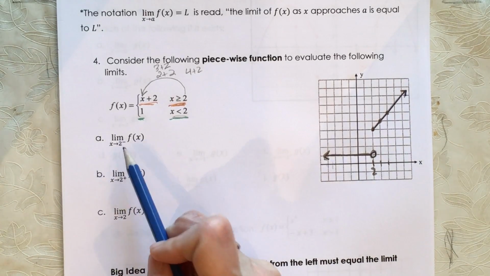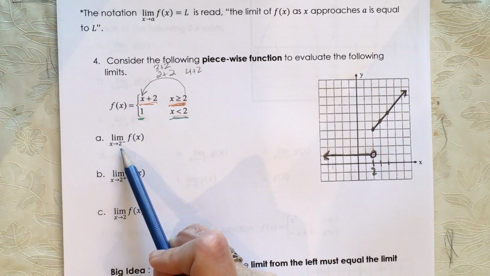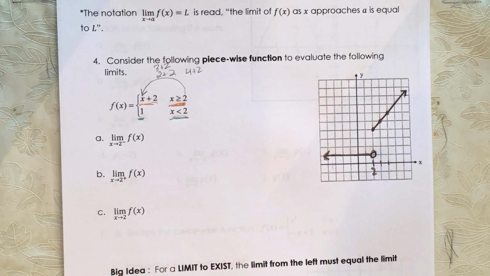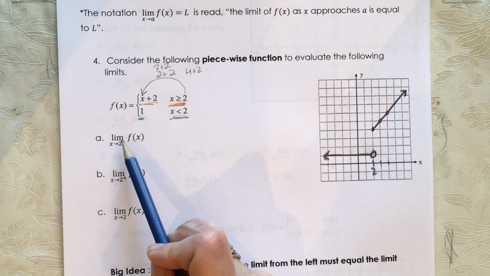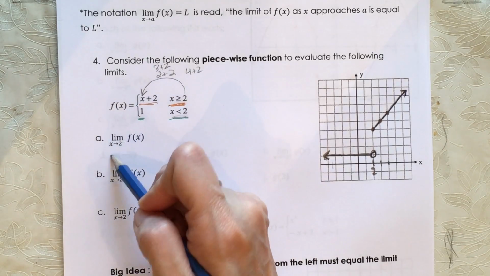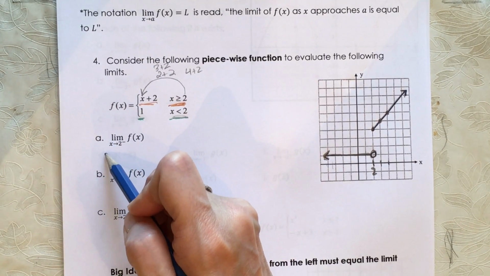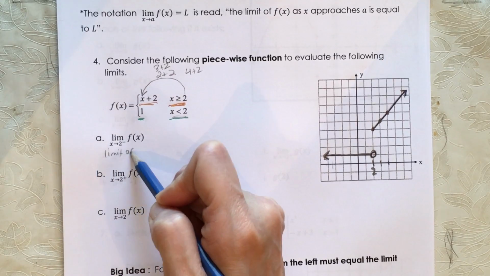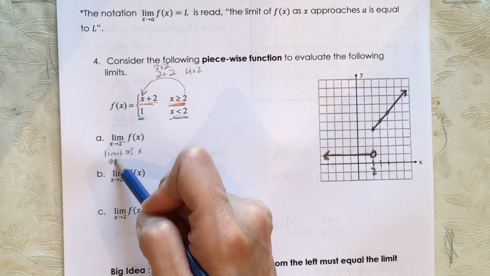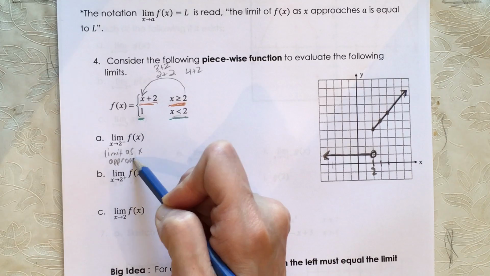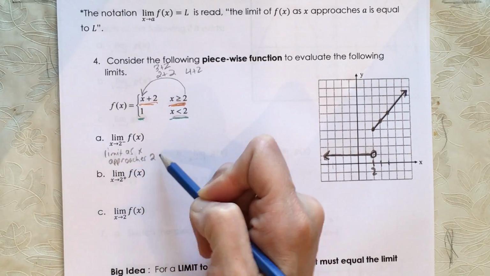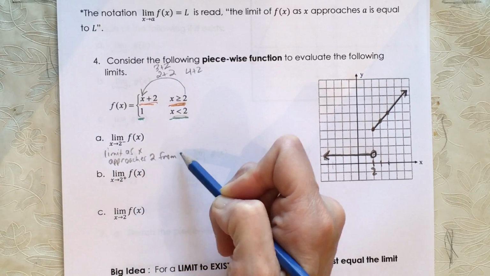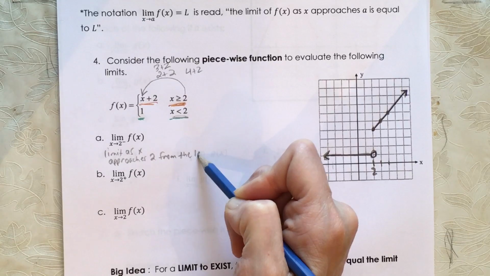If we look at what a is asking, we've got the limit as x approaches 2 with this little negative sign here. And what we really say to ourselves is that's the limit as x approaches 2 from the left only here.